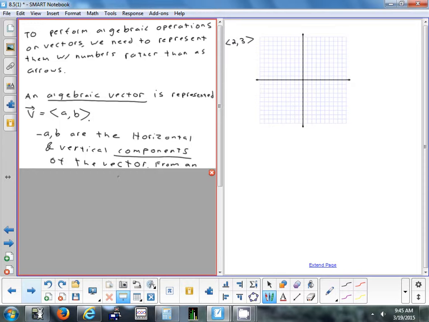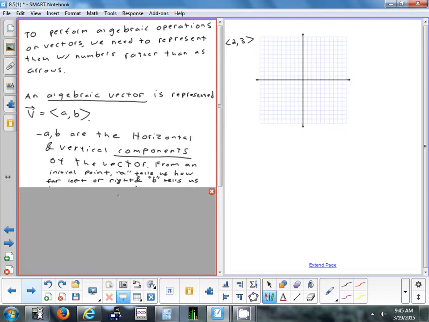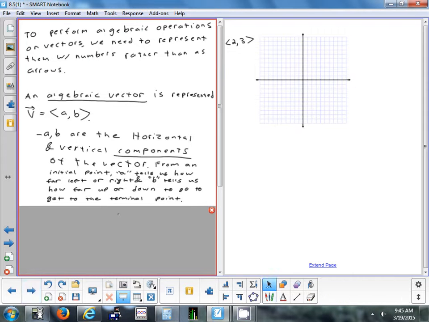But what I'm getting at is, is it telling me exactly where I need to start? No, it's just telling you where to go from where you start. It's basically saying from some starting point, from an initial point, how far left and right, and then how far up and down. Now, it is good to start at the origin. That's the best place to start.